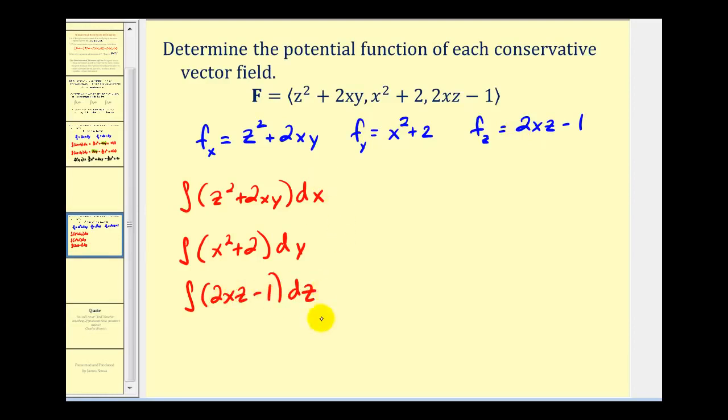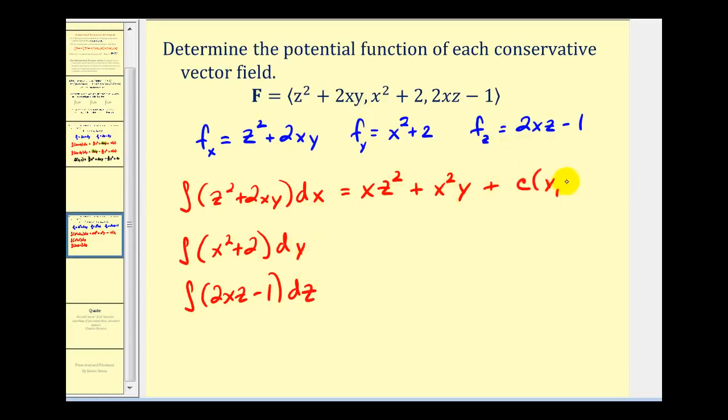So we'll find all 3 of these antiderivatives and then make sure the potential function has all of the possible terms. Integrating with respects to x, we'll have xz squared. Integrating 2xy with respects to x, that'll give us 2 times x squared over 2 times y. So the 2's would simplify out. We'd have x squared y plus our constant of integration can be a function in terms of y and z.